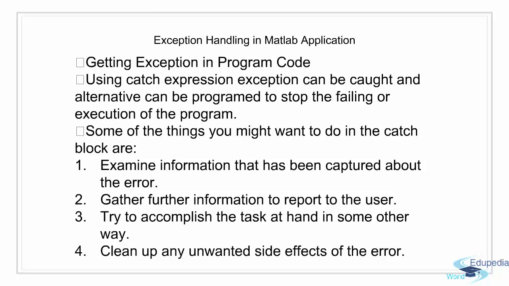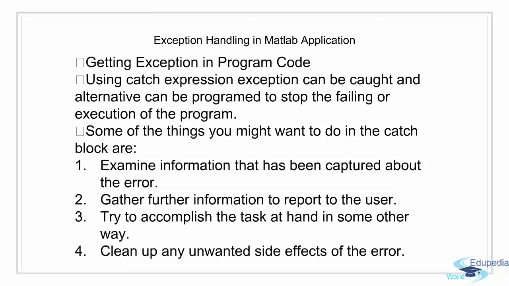Some of the things that can be done in a catch block are highlighted and shown here. First, the information about the exception or error can be examined in the catch block. Second, after examining, further information, if required, can be gathered to report to the user. Third, alternatives can be accomplished. For example, we can think about alternative methods to accomplish the task at hand.